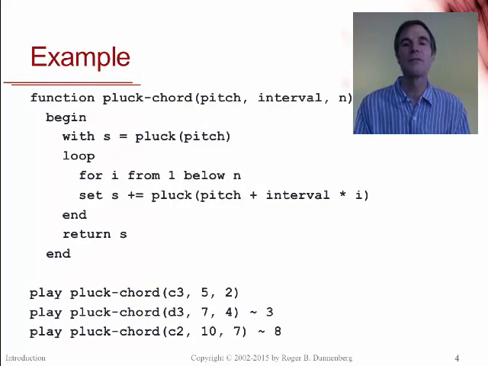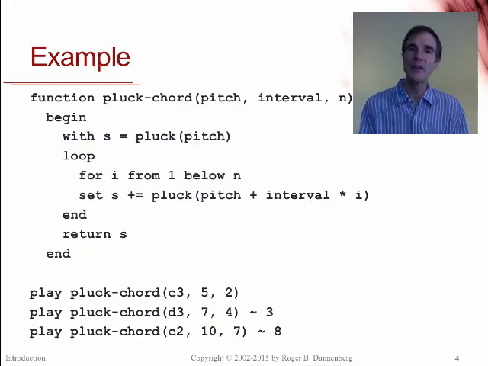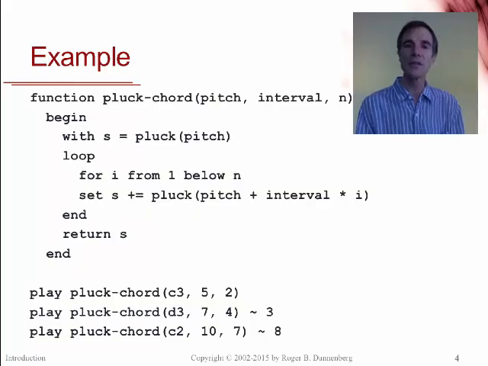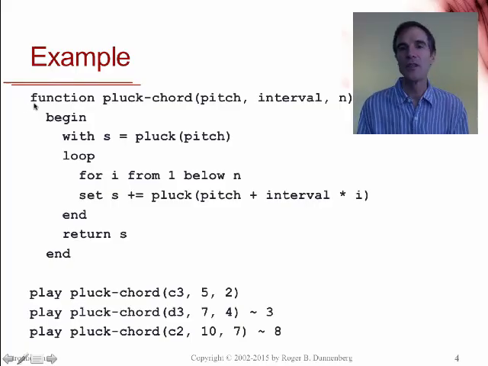So let's look at an example of a loop. This is a function definition, and when we learned about function definitions, we gave the full syntax, which was define, function, function name. As you can see here, we left off the keyword define, which is allowed.